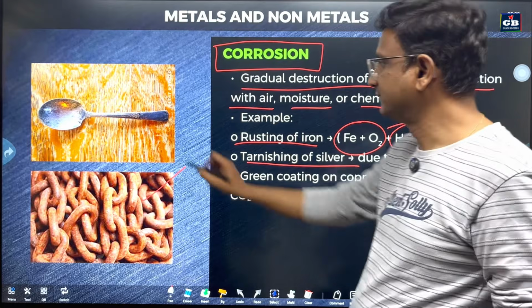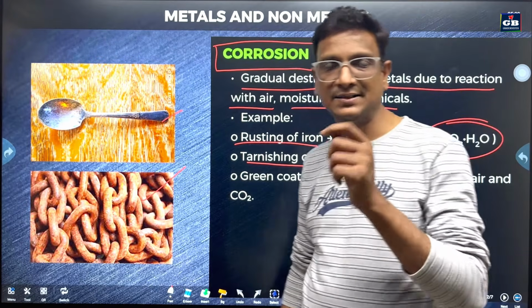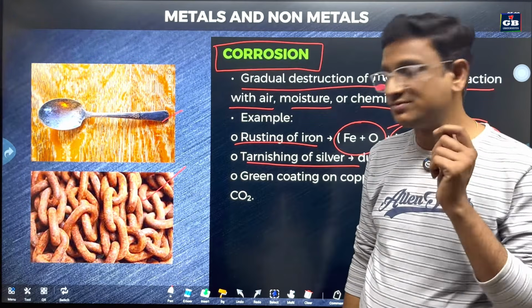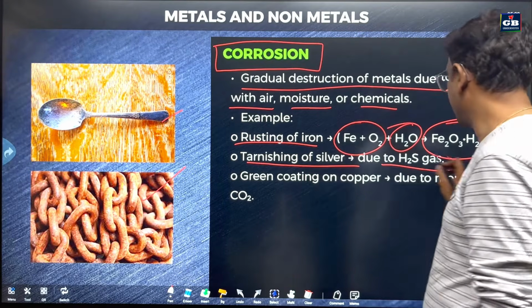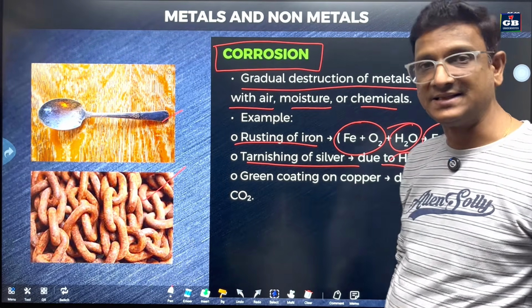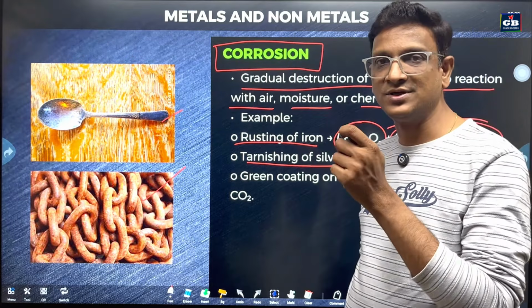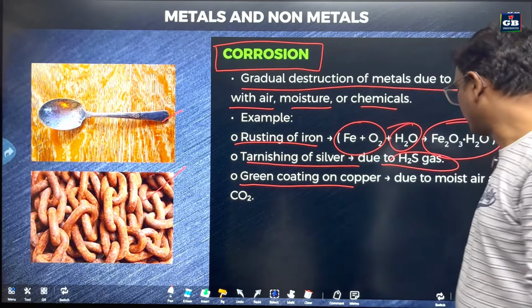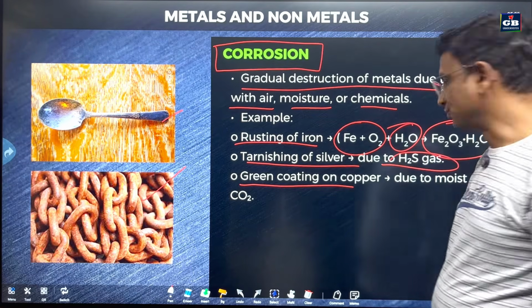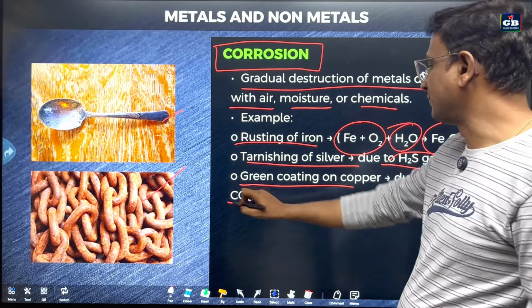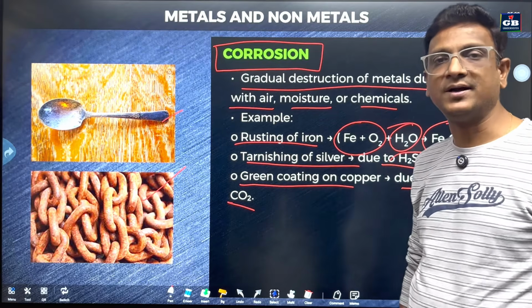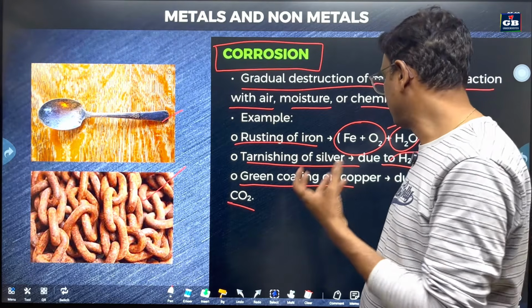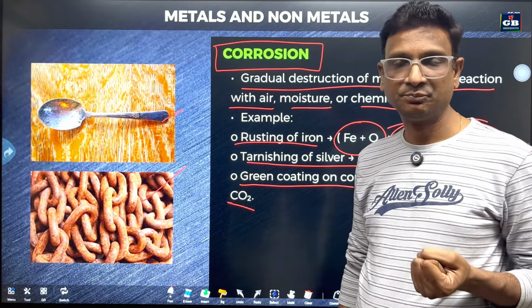Tarnishing of silver. See, silver spoons become dark black. That is tarnishing of silver, because silver reacts with hydrogen sulfide gas and becomes black. And green coating of copper. Because of moist air and carbon dioxide, that green coating forms on the copper.